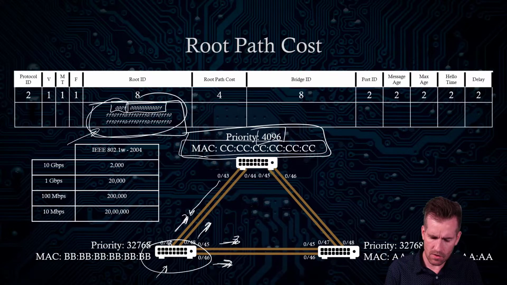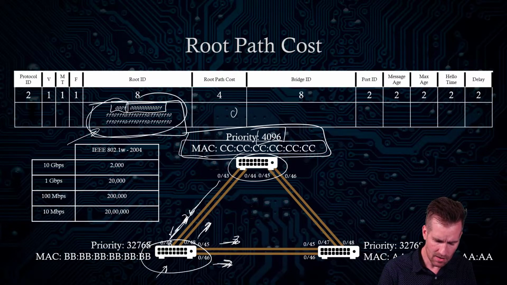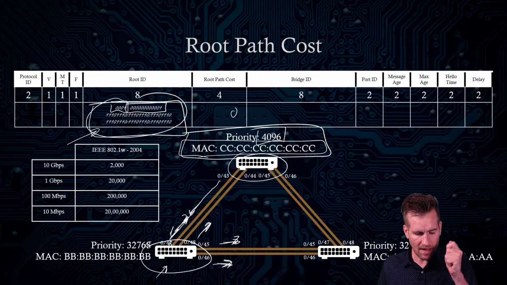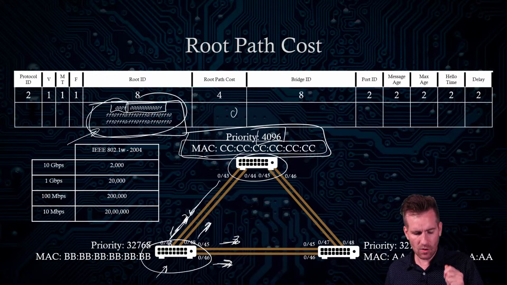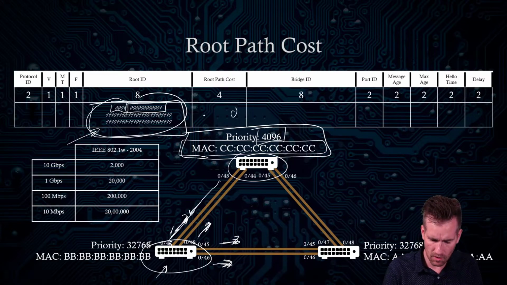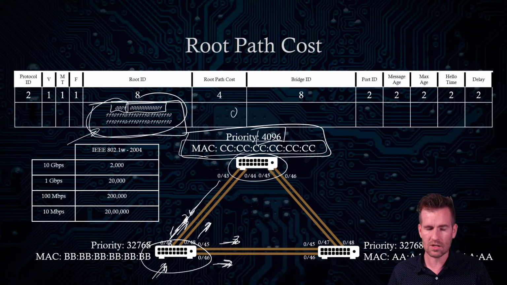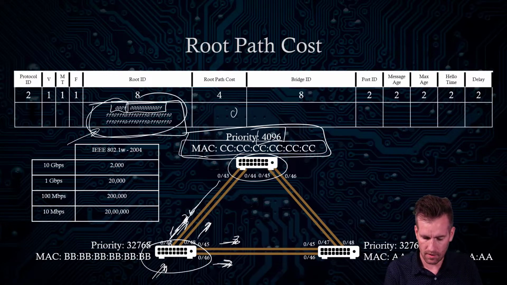So the BPDU coming from switch 1 is going to have a 0 path cost at that point in time. And as it comes into switch 2, it will say that's coming into a Fast Ethernet, which is 100 megabits per second. So I'm going to add a cost for this link of 200,000. And so now the cost to get from switch 2 to the root bridge is going to be 200,000.